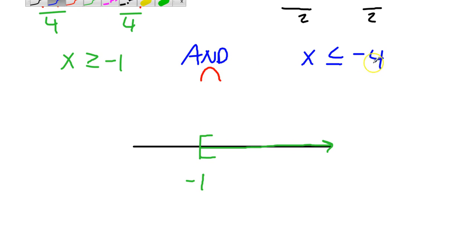The blue graph, that one is less, so we're going to start at negative 4 and it goes that way. So if it's the intersection, where the two graphs cross? They don't, right? There is no intersection, so that would be what they would call the empty set.